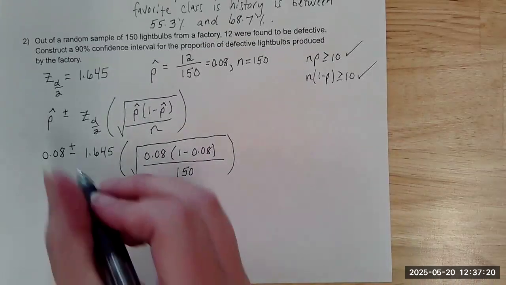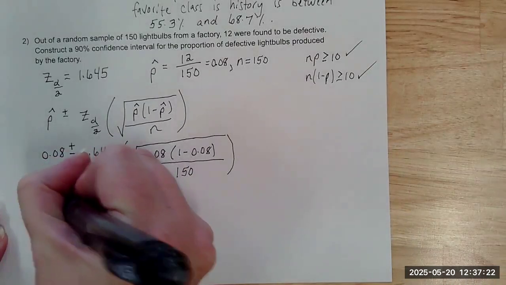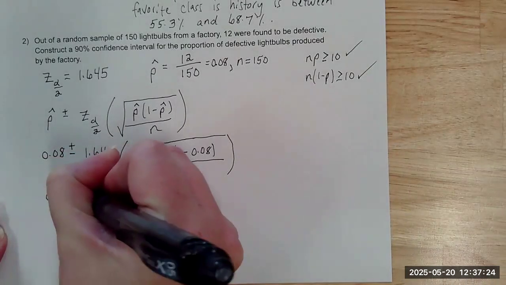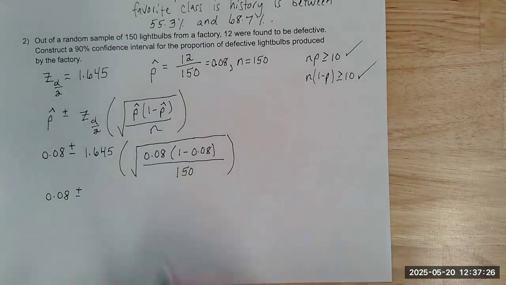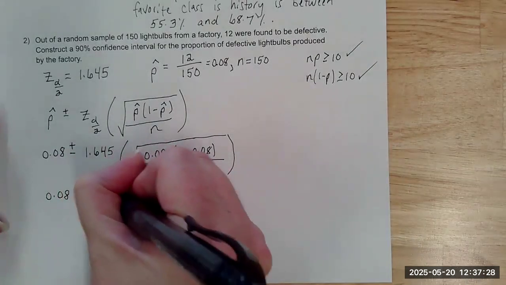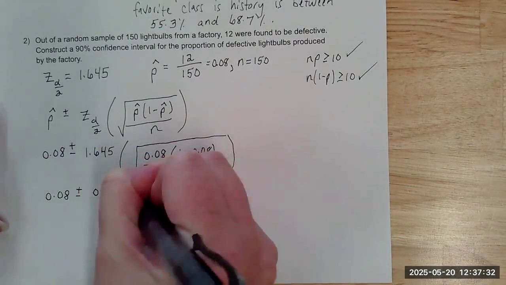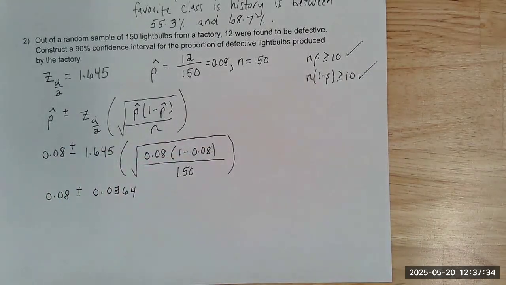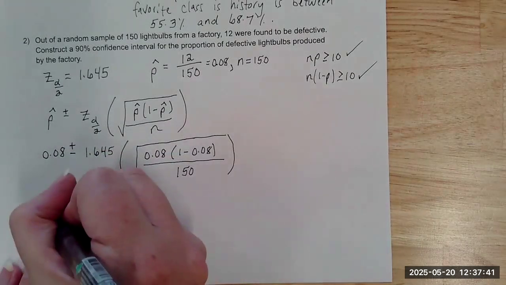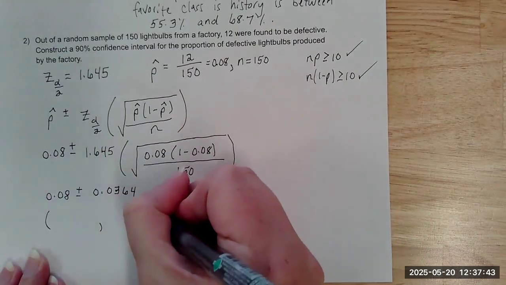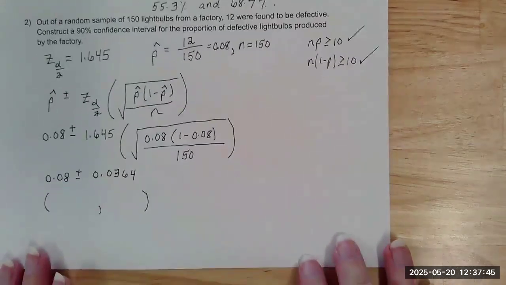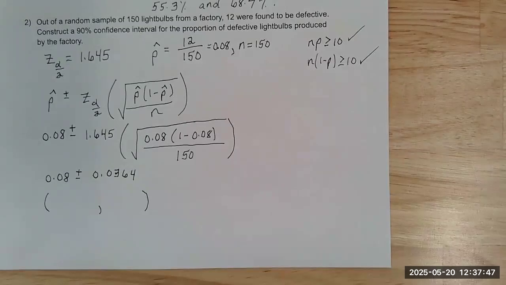So I have 0.08 plus or minus my error bound measure, which came out to be 0.0364 if I round it. And then one of the times I'm going to subtract the number, one of the times I'm going to add the number. So I'm going to subtract first.